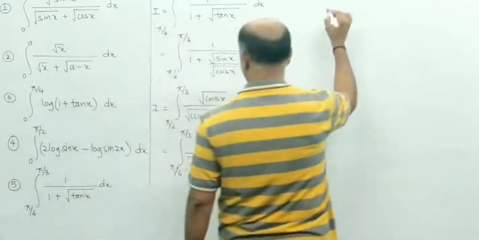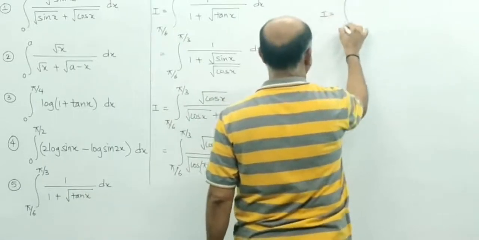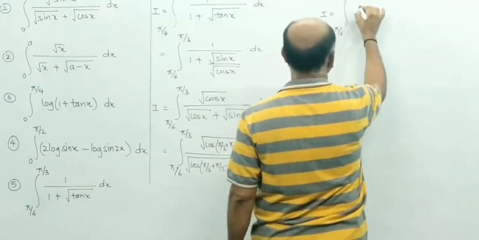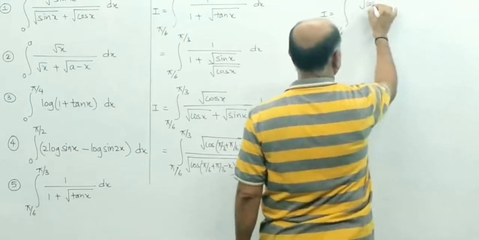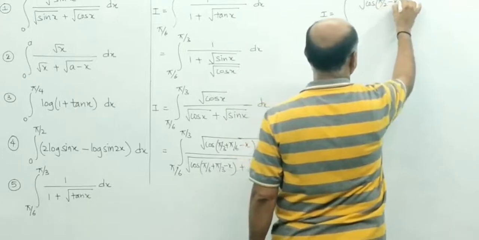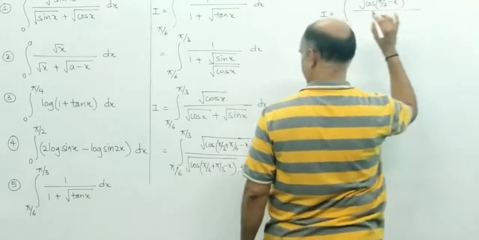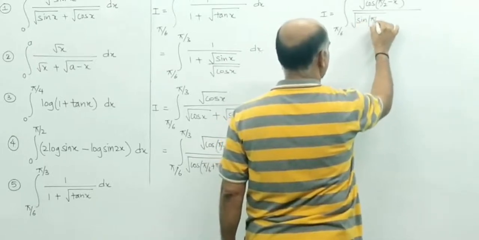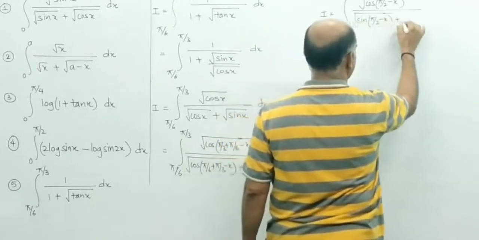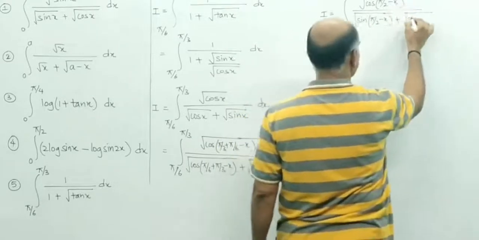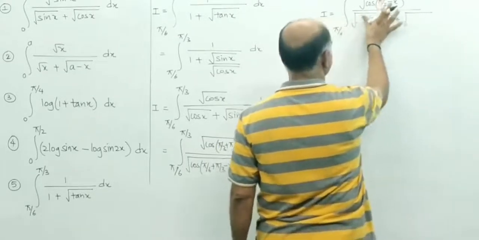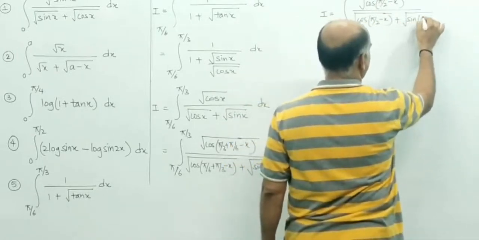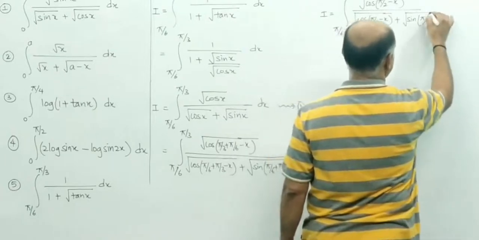So I will have I is equal to the integral from pi by 6 to pi by 3 of root of cos of pi by 2 minus x divided by root of sin of pi by 2 minus x plus root of cos of pi by 2 minus x, sorry, here it is cos, here it is sin of pi by 2 minus x dx.